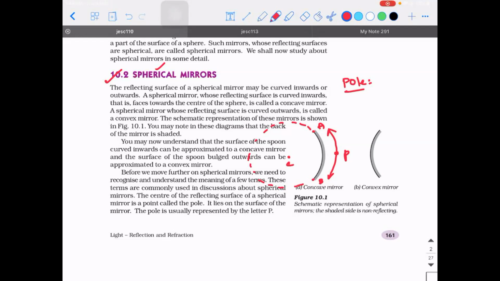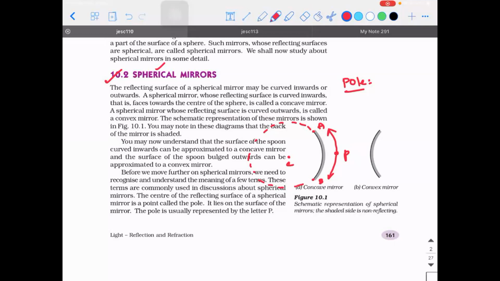Then what do I call a focus? So what exactly does focus mean? Midpoint of C and P, the center of curvature and the pole. Is that the way we define it? No. The focus F is a point on the principal axis through which the light rays coming parallel to the principal axis converge.